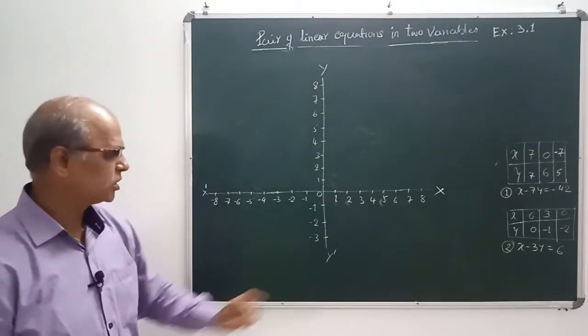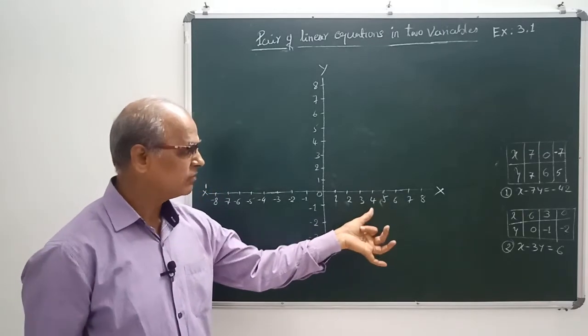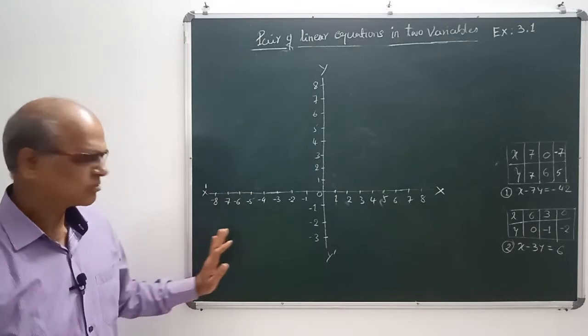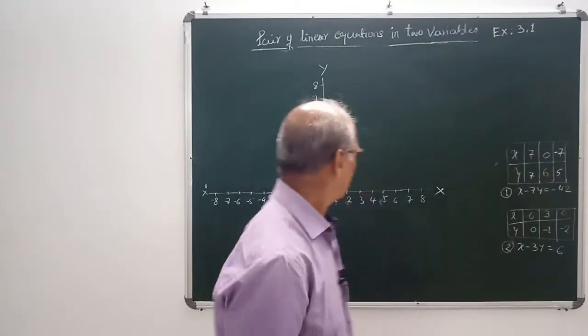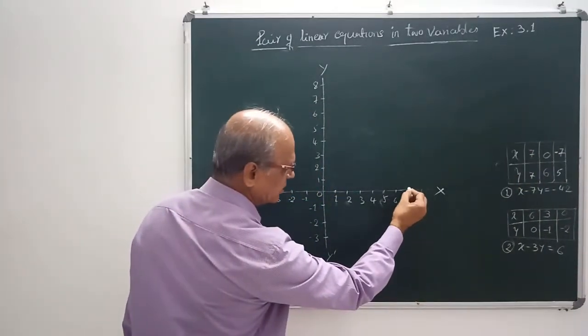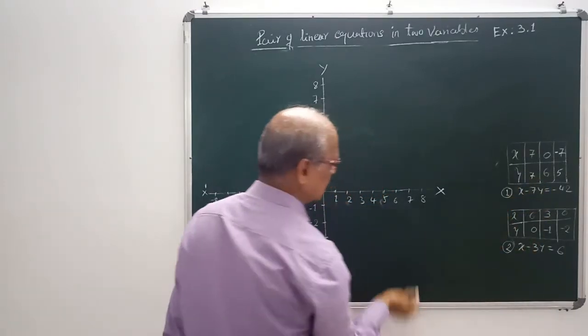Numbering also please note, 1, 2, 3, 4, 5. There should not be any misconception. That means leaving 4, if you go for next number, your graph may not be correct, right? So I will go for next one. You see here 7. First table I am plotting it. 7. That means plus 7. Here is a 7. What is y? Y also is 7, but plus 7.